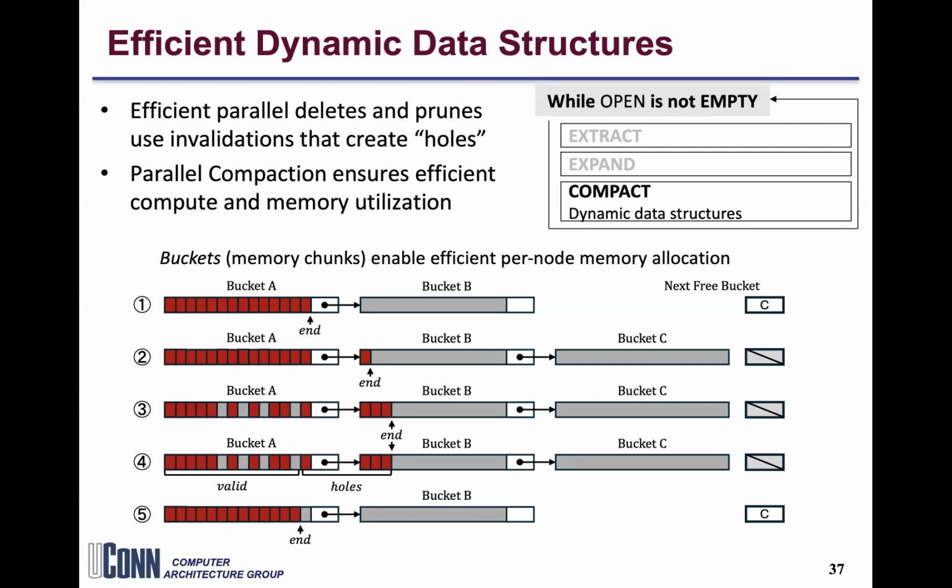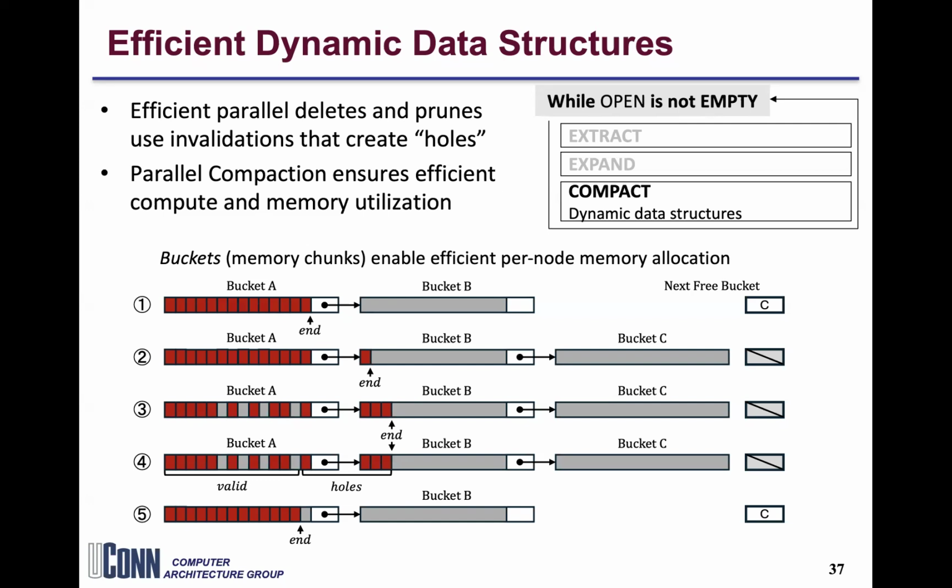And then we have this whole compaction phase, where we traverse through our array, find the number of holes, and then fetch from the end a valid entry and replace the hole with a valid entry. And that's how we compact this array before we offer it for the next iteration to compute.